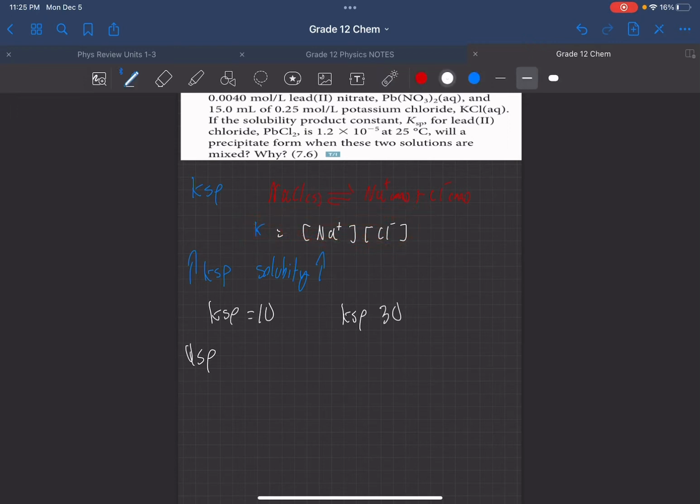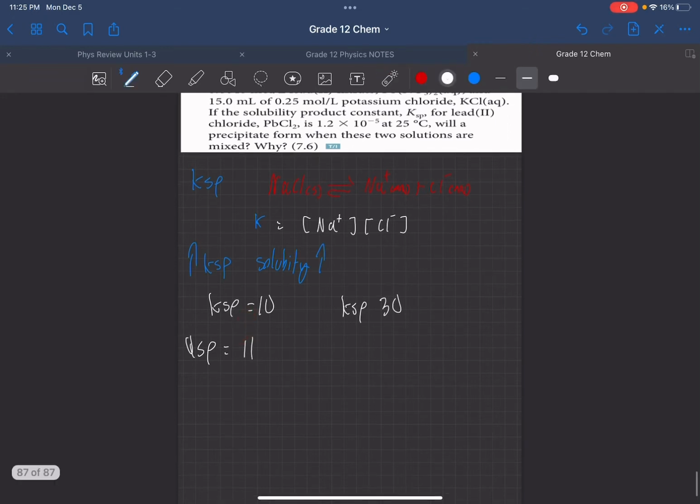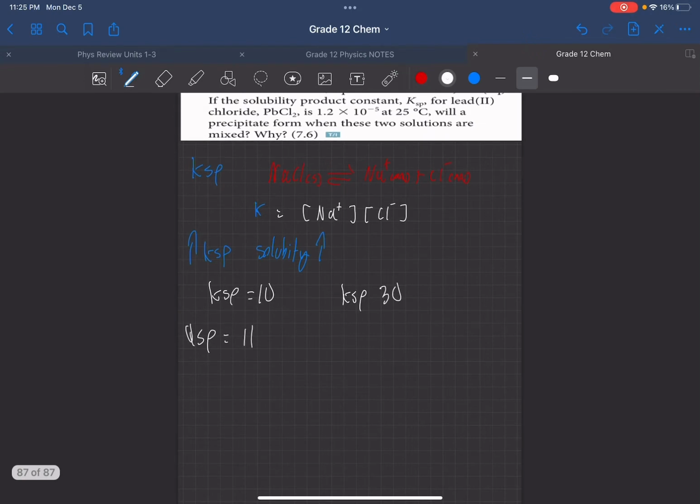So say QSP equals 11, right? 1 greater than KSP. If QSP equals 11, then that means we have more ions than are allowed at equilibrium. The product that we got, the solubility product constant we got, was 11. And this QSP can be taken at any moment in the reaction. It is a snapshot. It doesn't matter if we take it in the beginning, the middle, the end.